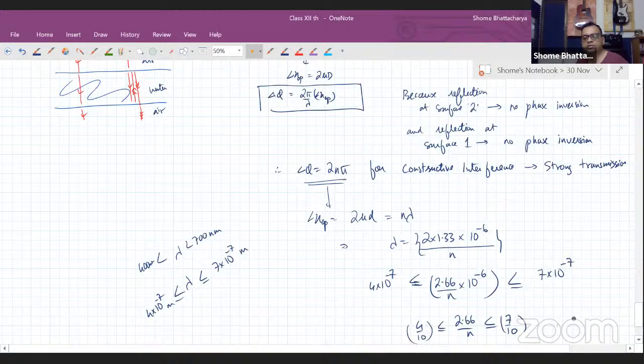So look for those values of n. Okay. And from that you calculate the wavelengths.